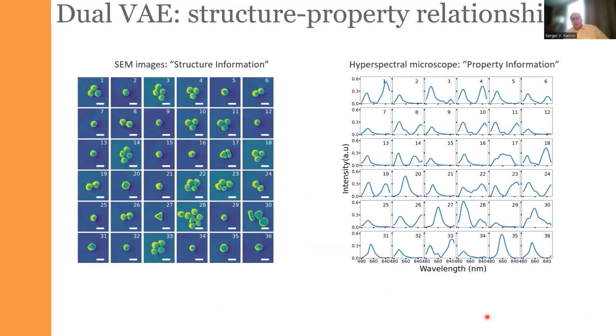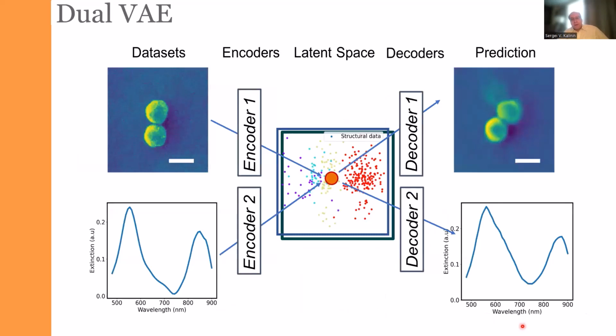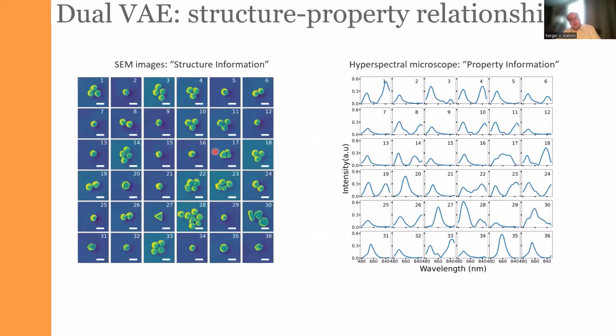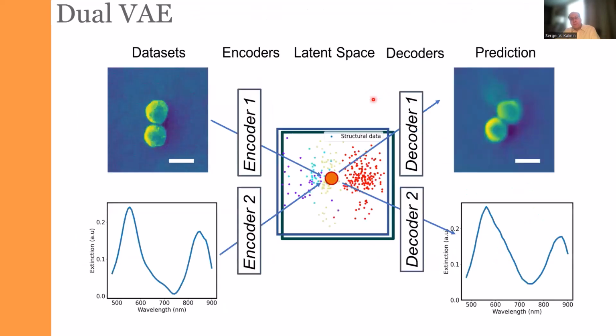For example, you can go from the encoder-decoder to a dual encoder. So imagine that you have a data set where you have the SEM images that you get with SEM, and you have the hyperspectral data set that you get from the far field or hyperspectral optical camera. So you have a relationship between structure and spectrum.